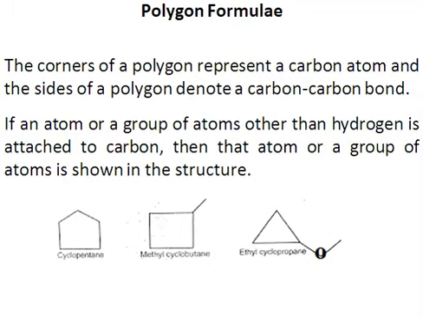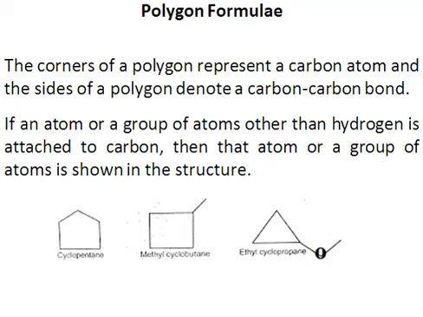Whenever there is a terminal carbon in a line formula, that always indicates a methyl group. We don't show hydrogens and methyl in a bond line formula, but if a heteroatom is present, the heteroatom is shown, and if hydrogen is attached to the heteroatom, the hydrogen is also shown. Then we saw the polygon formulas. Polygon formulas are just like bond line formulas.